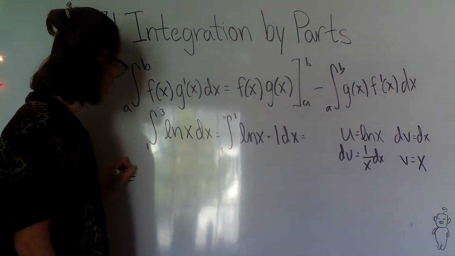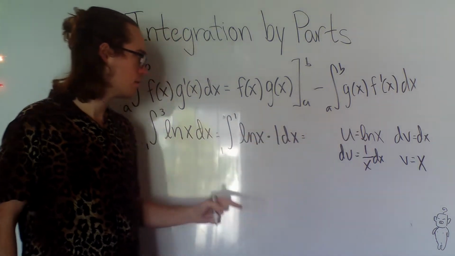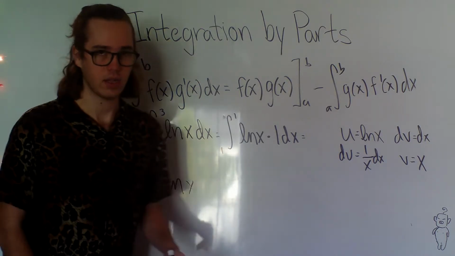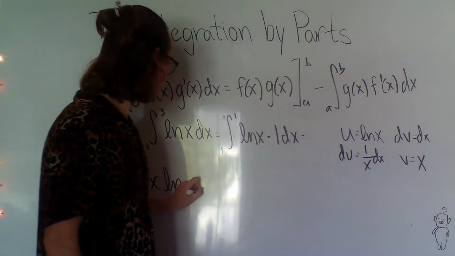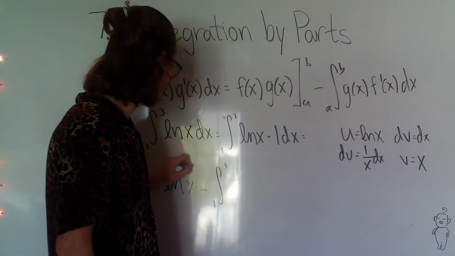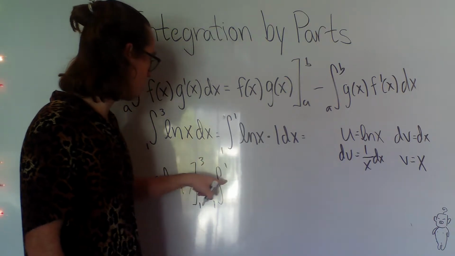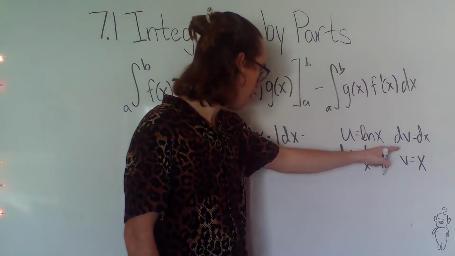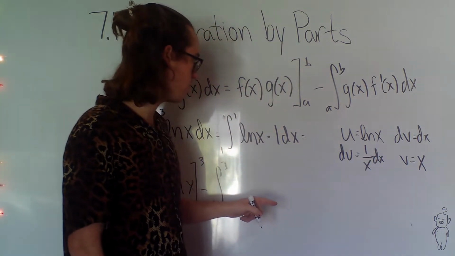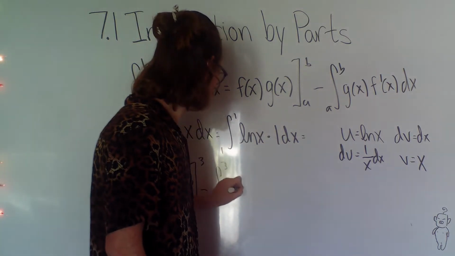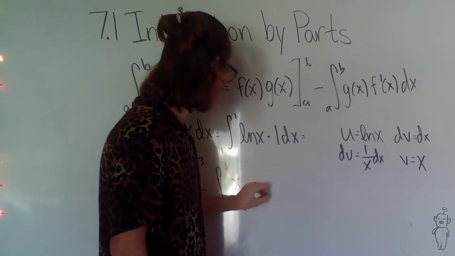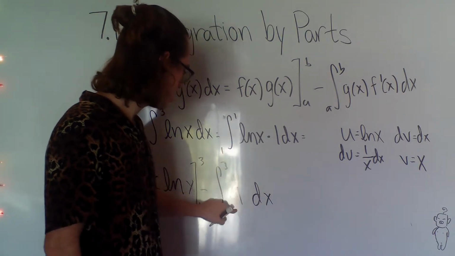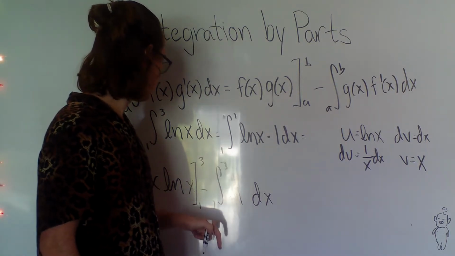So then we can say the integral from 1 to 3 of ln of x dx is just going to be equal to uv, so x ln of x, because I didn't want to write ln of x times x, that's ugly to look at, minus the integral from 1 to 3, and we have to include our bounds, of v du, so that's going to be x over x dx, which is just 1 dx, which we know very well.